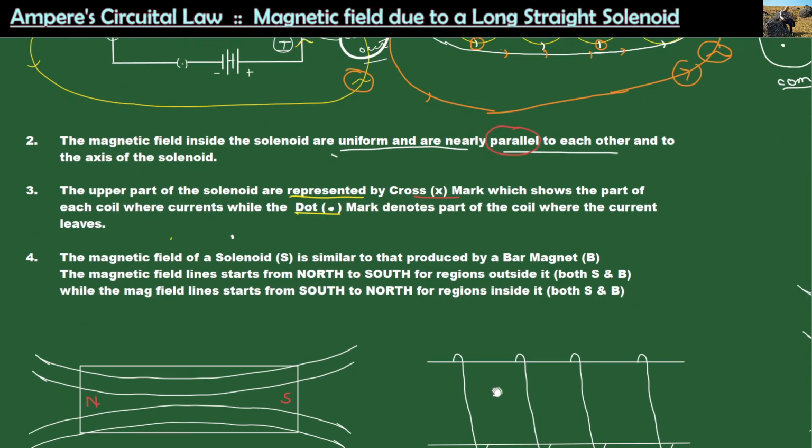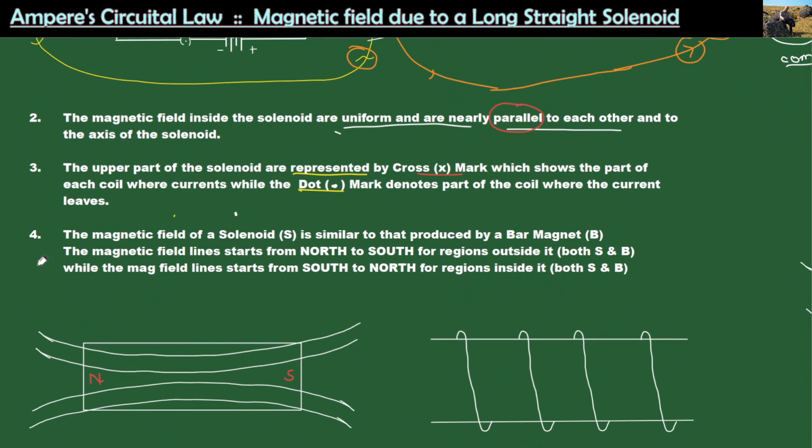The magnetic field produced by a solenoid is similar to that produced by a bar magnet. This is also very important. The magnetic field always starts from north and goes to south for regions outside, both for the solenoid and for the bar magnet.